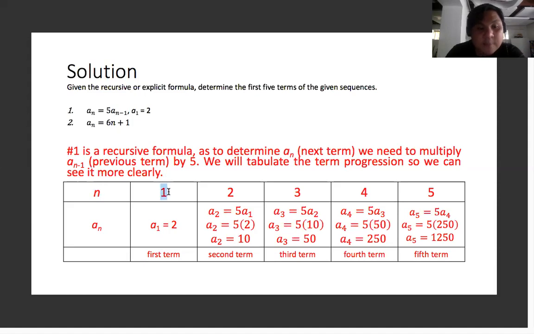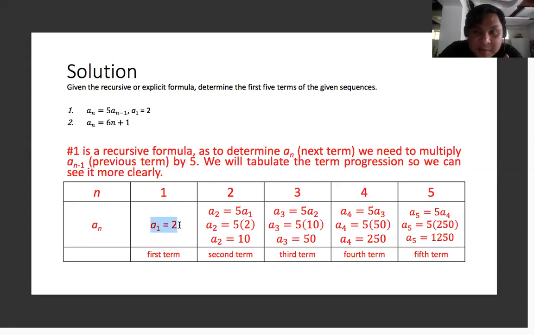So it's term number 1, term number 2, 3, 4, and 5. Okay, so a sub n is the term. So a sub 1 refers to the first term. So the first term is already defined. It is 2. So we actually just have to write it down. A sub 1 is equal to 2.